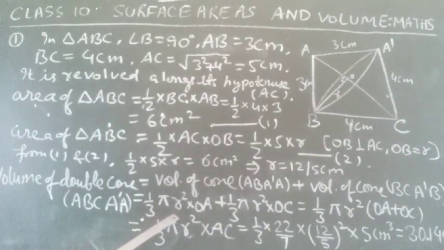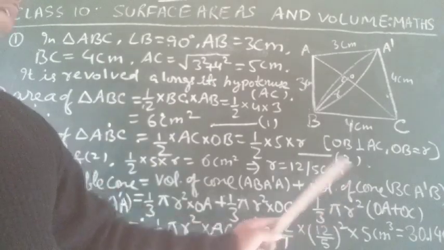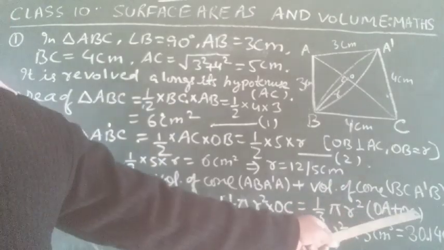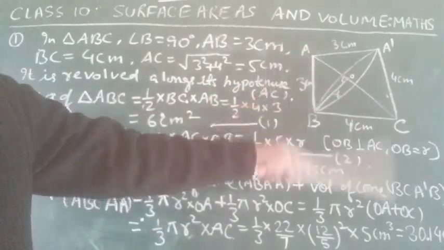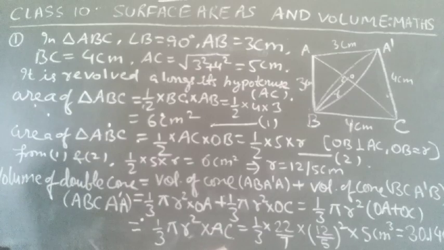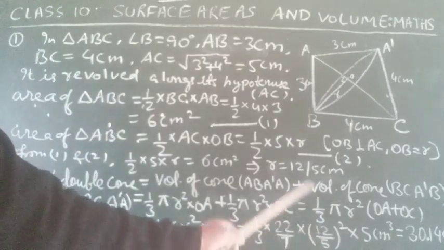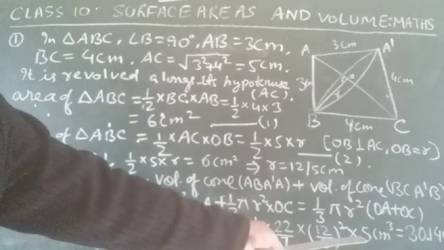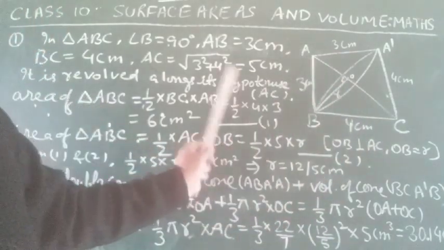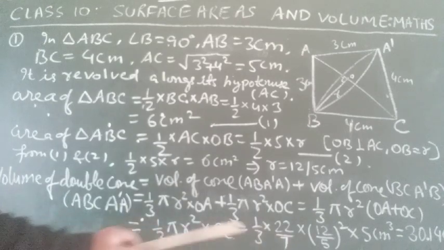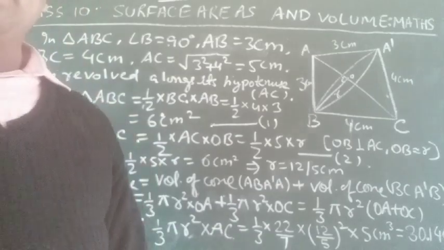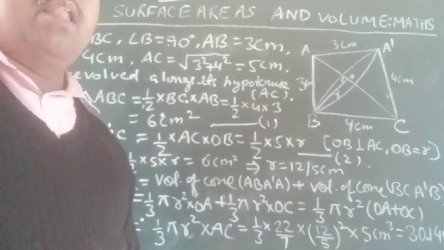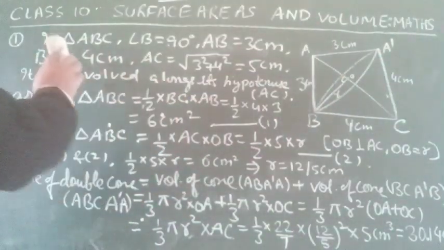We can take 1 by 3 pi R square common, with OA and OC in bracket. Now, OA plus OC becomes AC. So 1 by 3 pi R square into AC. Pi value 22 by 7, R value 12 by 5 whole square, and AC is 5 centimeter. It is already calculated. If you do the calculation, then the volume will be 30.144 centimeter.